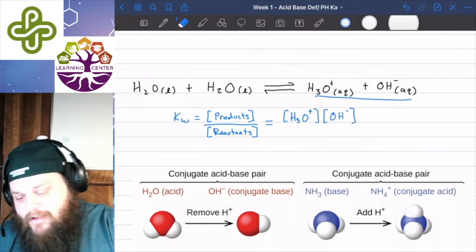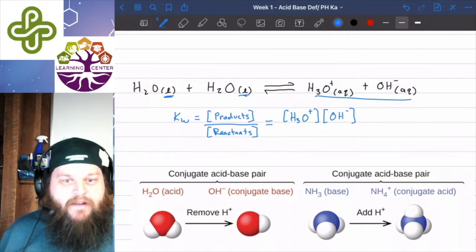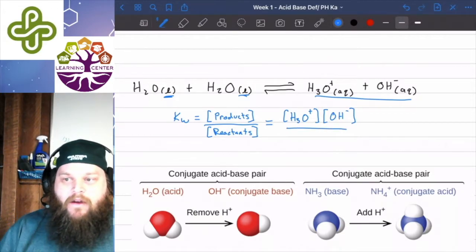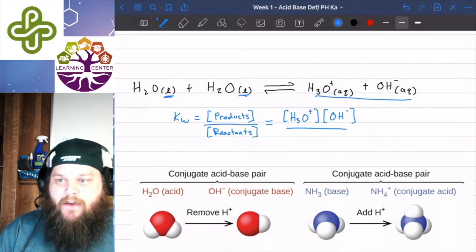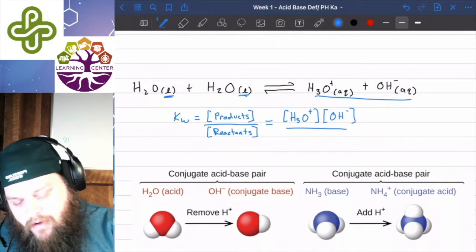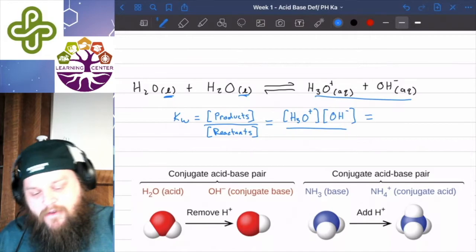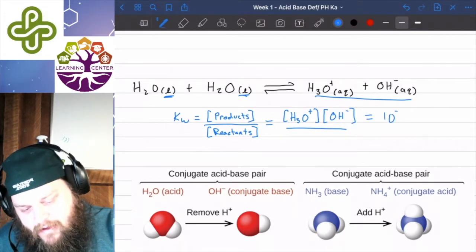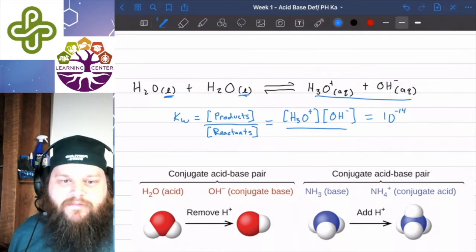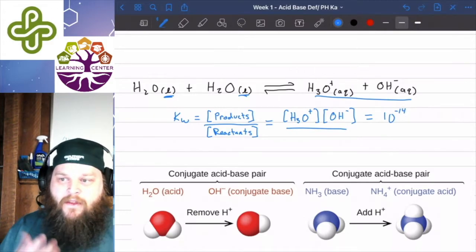Since these are liquid, we don't count those as part of the reactants. So this is going to define the equilibrium constant for water, which is always going to be basically 10 to the negative 14. We don't count liquids or solids in the equilibrium constant.